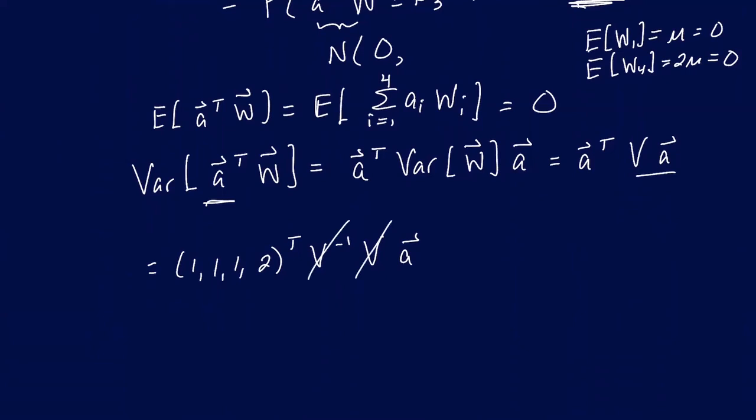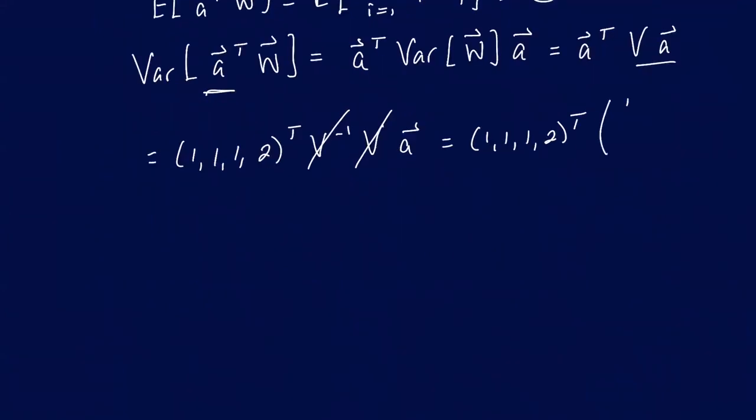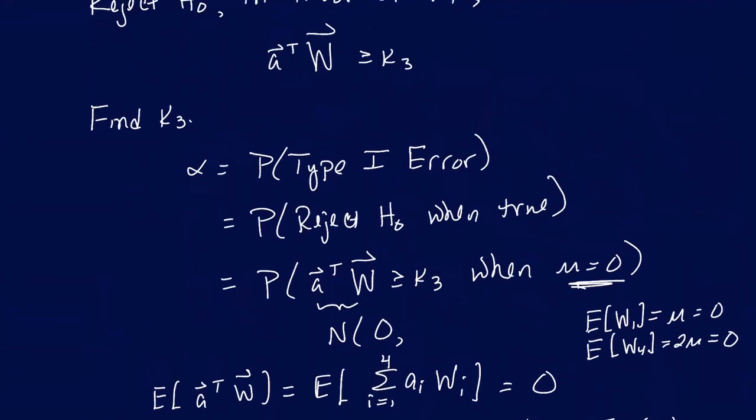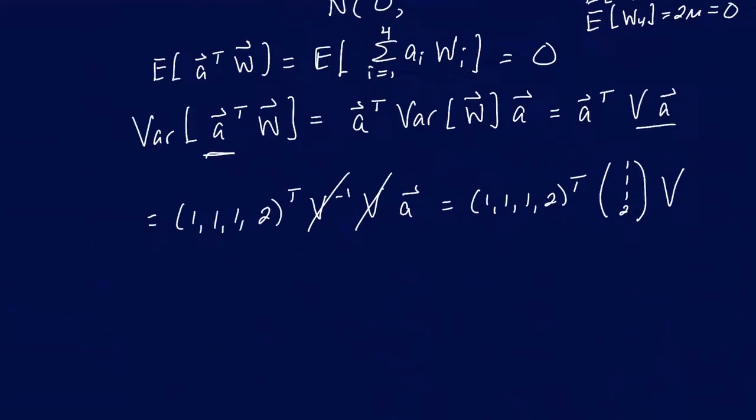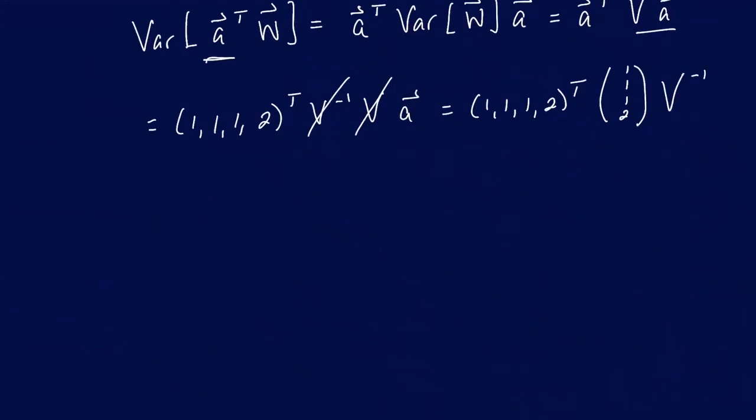So we get cancellation here, and this is 1, 1, 1, 2, transpose A. A is 1, 1, 1, 2, V inverse. Now the inverse gets transposed as well, but V is a symmetric matrix, and V inverse is going to be symmetric.